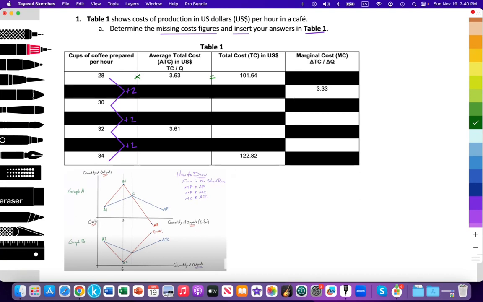So I want to remember that 3.33 is a result of the change in the total cost divided by the change in the quantity of output. And the quantity of output is going up by 2 units. So I'm trying to figure out what's the change in total cost divided by 2. And that's going to equal, in this case, 3.33.